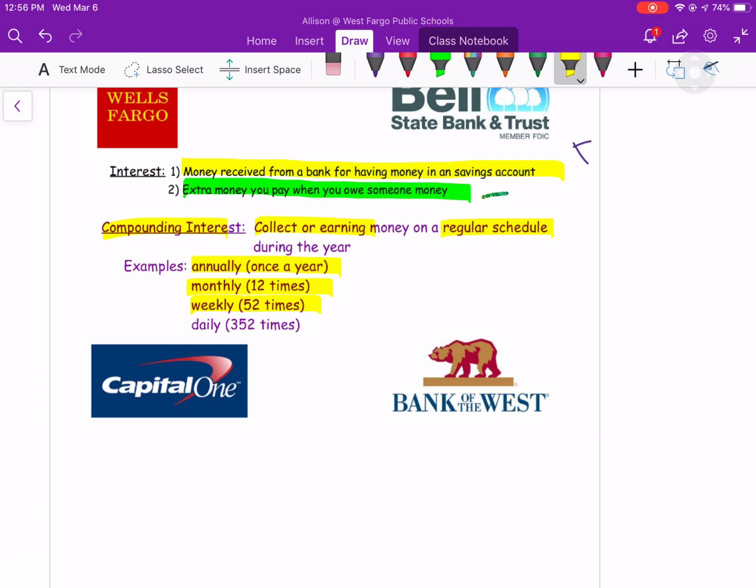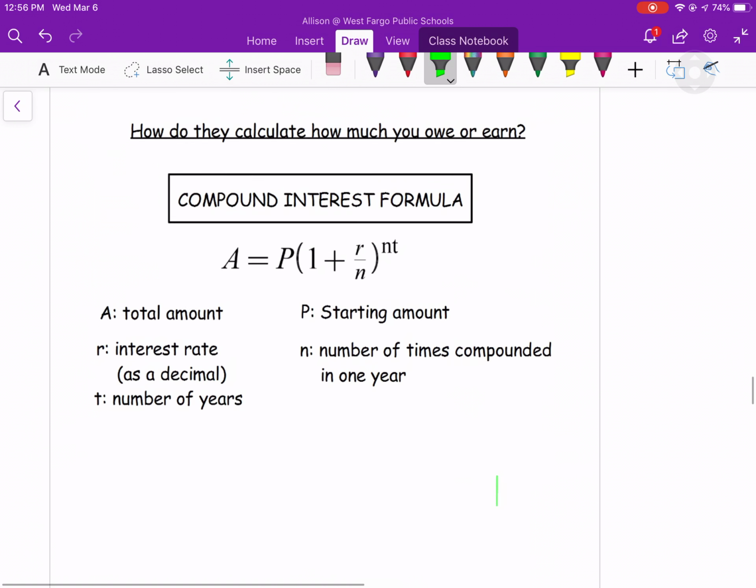There's 52 weeks in a year, so you could be earning it every Friday, or paying interest every Friday, or it could be compounding daily. You really have to be careful with that if that's money that you're paying, because the interest could be compounding, going back into the loan, and you're paying interest on top of interest every day. That can add up very quickly. It ends up being an exponential growth type of situation. Those are just some examples. We'll go through some more as we go here.